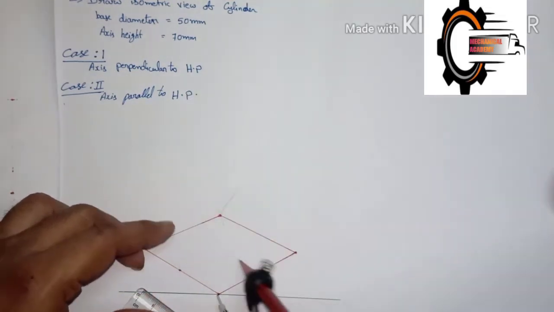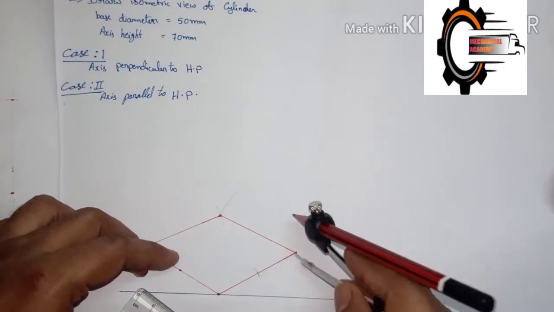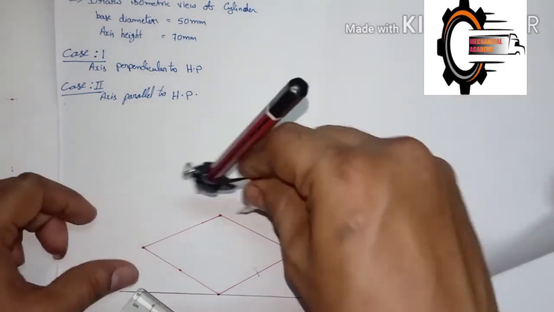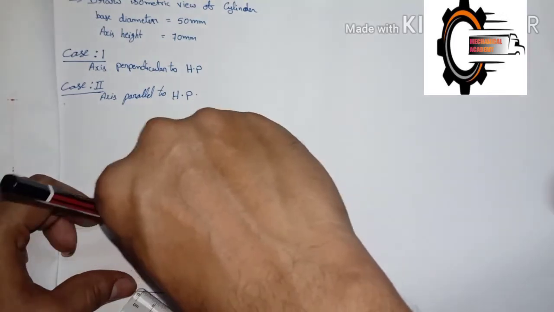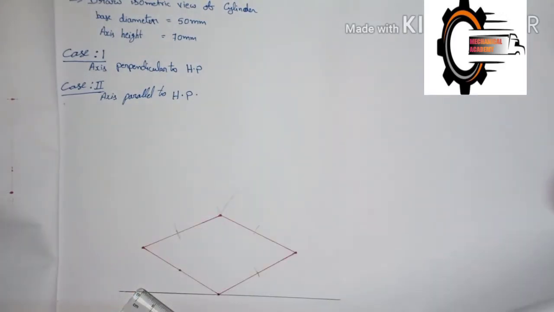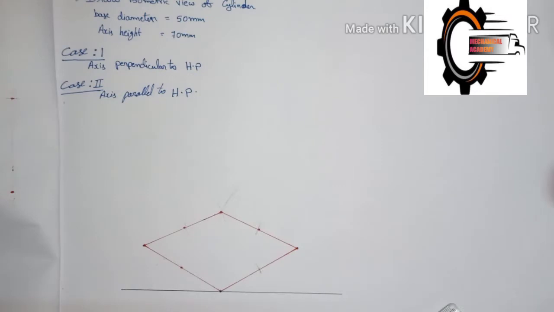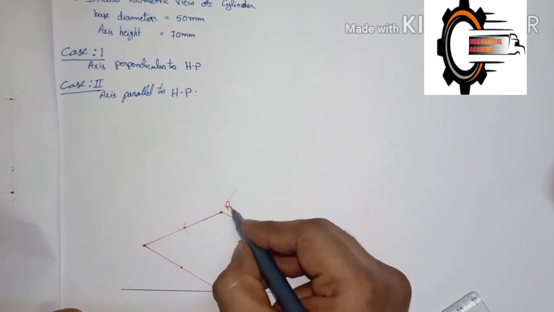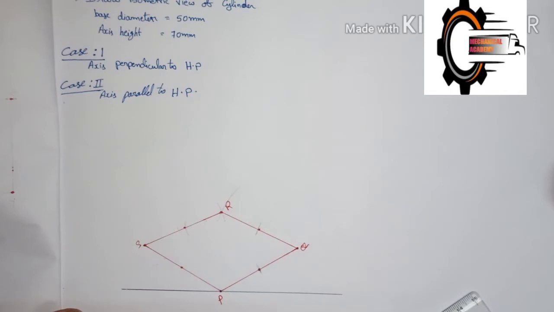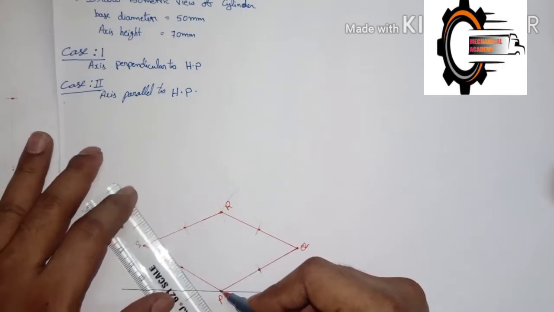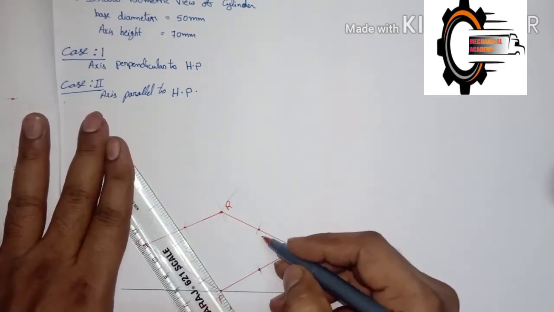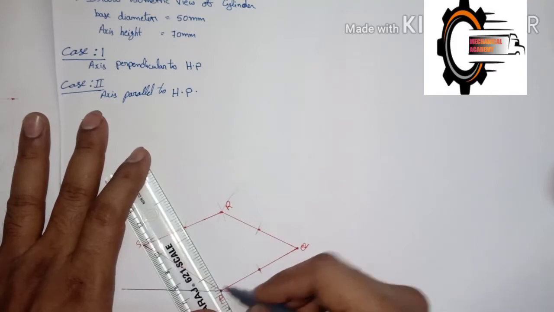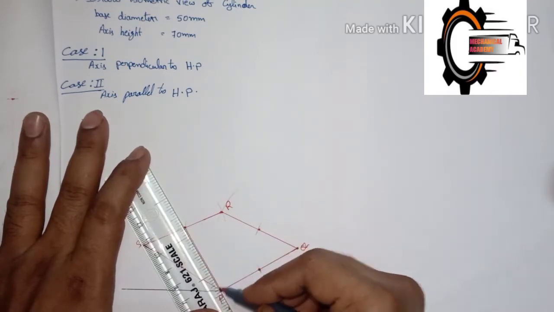Then I'll cut the other sides also like this. Now we have the 4 midpoints. Now I mark all the midpoints. First we'll give the names to the rhombus: P, Q, R and S. Next we have to join this point P with the opposite midpoints like this.